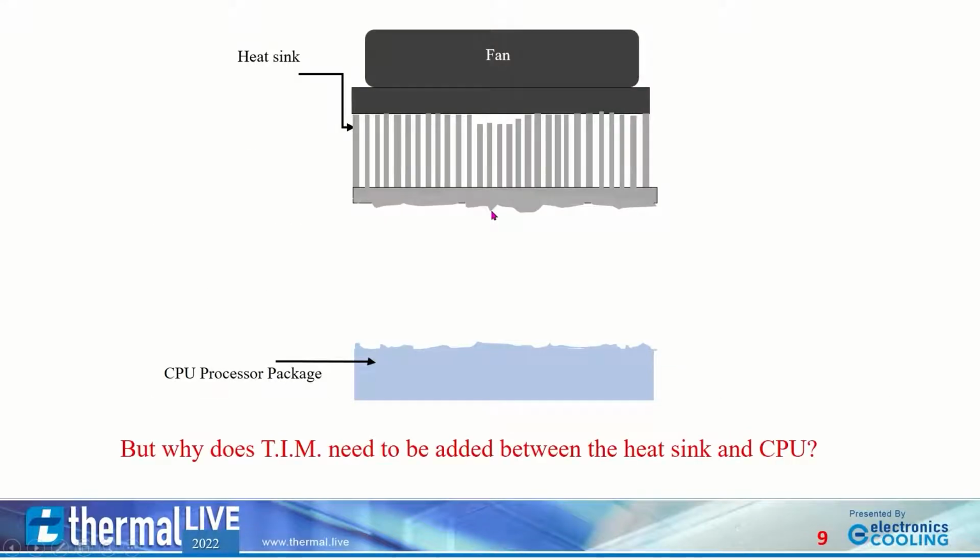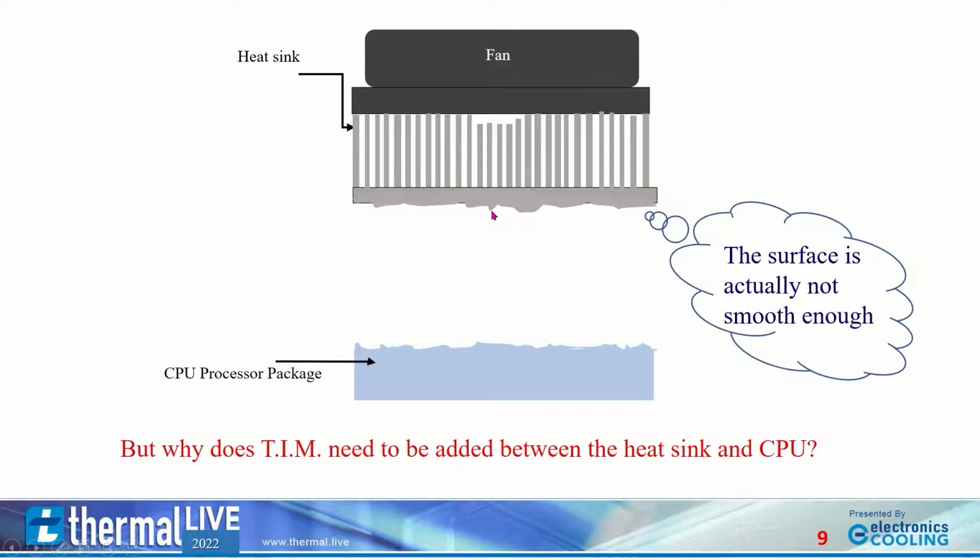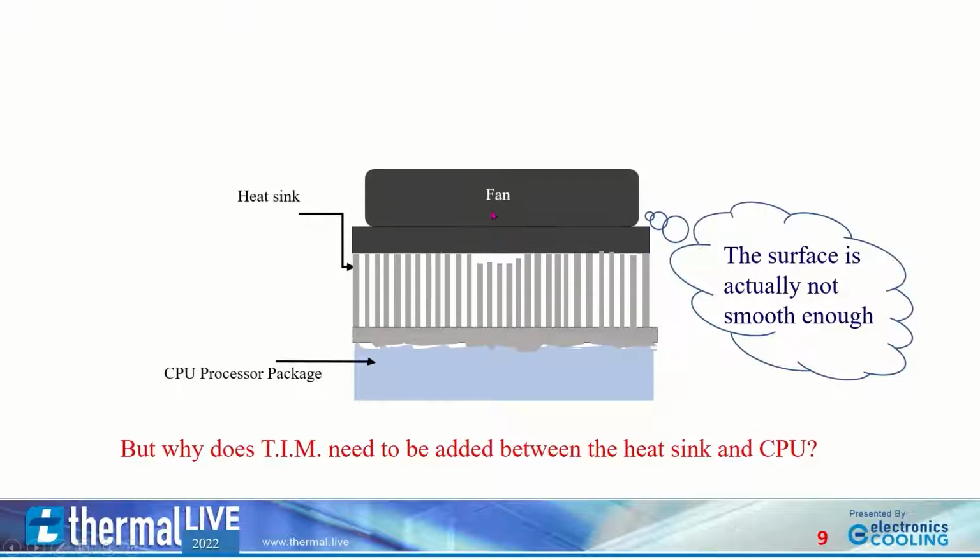But why does TIM need to be added between the heat sink and the CPU? The reason is that the surface of the heat sink or the CPU is supposed to be smooth and flat, but actually the surface has bumps and holes that are invisible to the naked eye. Therefore, when the heat sink is attached to the CPU, there are still many voids.